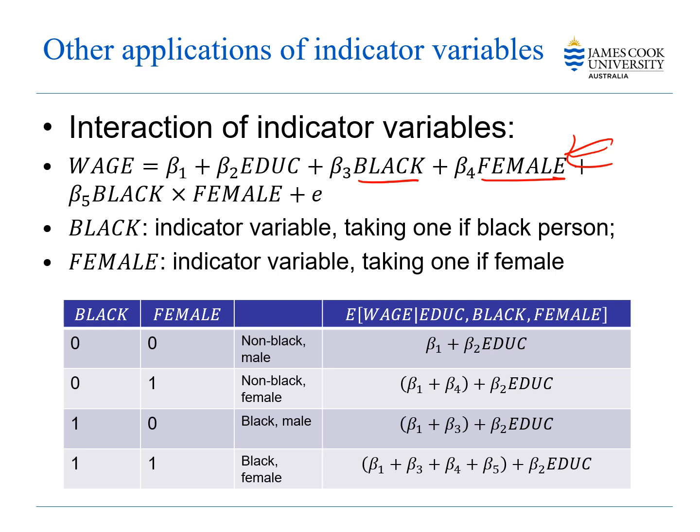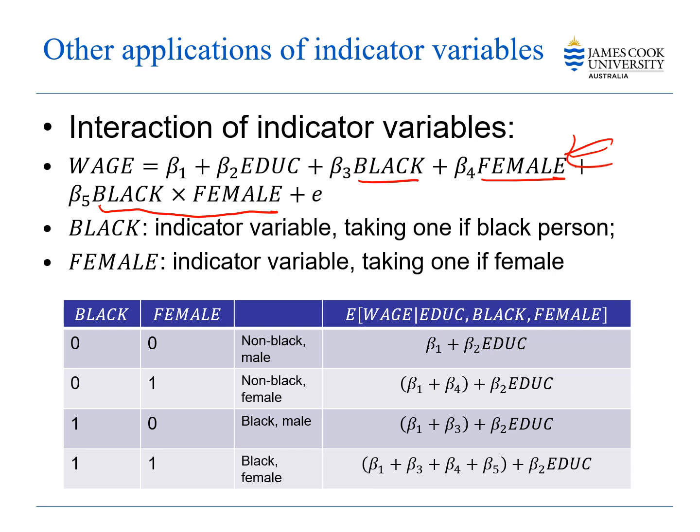If we interact them, then we allow for more than just 2 groups. If we only use black, we only have 2 groups, black and non-black. If we only use female, we only have female and not female, which presumably is male or other gender.